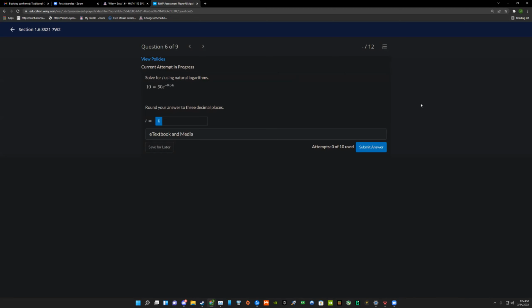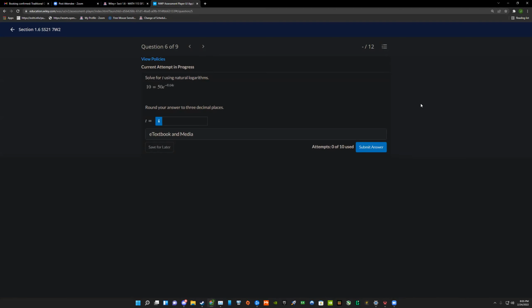I could probably talk you through it. I'm working these out also on my side in case you want to look at the notes later. First thing here, you're going to divide both sides by 50. So 1/5 on the left side, and you get e to the negative 0.04t power. Exactly. So you use ln again, and on the right you get negative 0.04t.